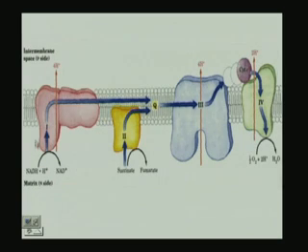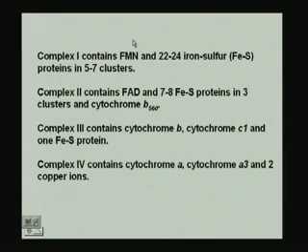Okay. So, this is basically a pictorial representation without all the paraphernalia of the intermembrane space or the whole mitochondria. So, we have complex 1, complex 2, complex 3, complex 4. Now, complex 2 actually is not always mentioned because it does not involve proton transfer. Okay, we will see that in a moment. Complex 1 contains FMN.